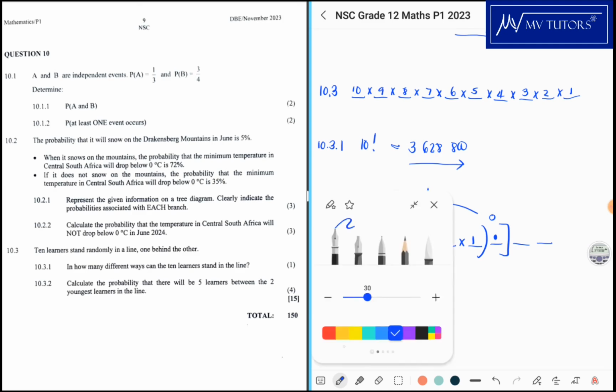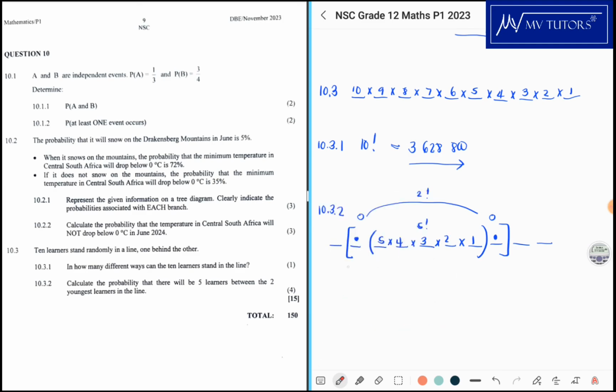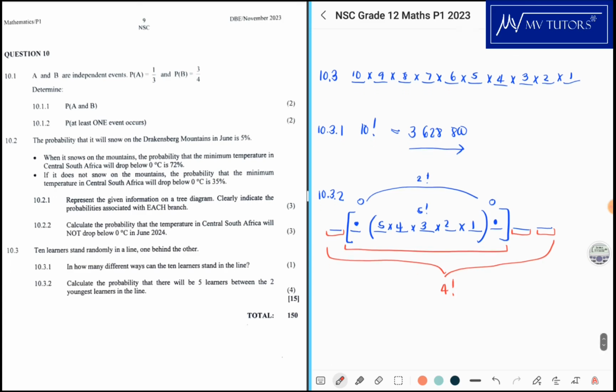And remember, we're taking this as one unit. They are one thing. So we have 1, 2, 3, 4. Considering all of that, that would be 4 factorial because it can move around as it wants.